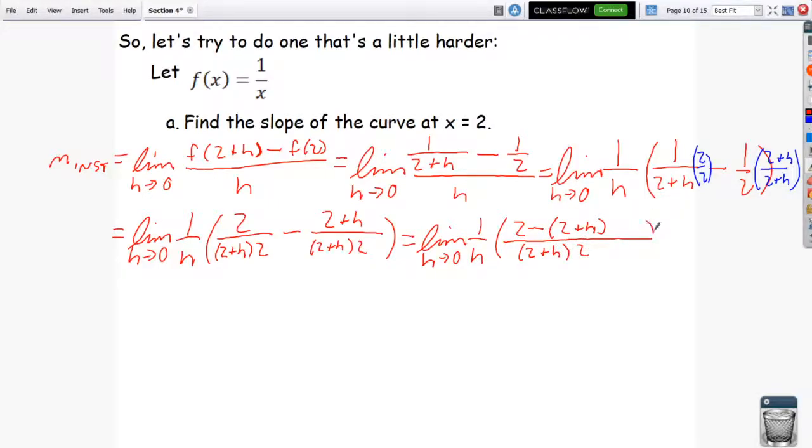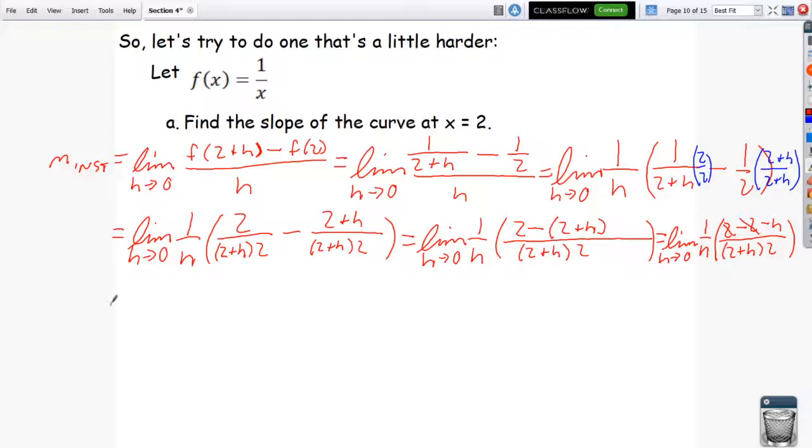I will caution you now, do not cross off these 2 plus h's because I got a minus here and I got a times here. That's not possible. However, if I distribute this minus here, and I have the limit as h approaches 0 of 1 over h times the quantity of 2 minus 2 minus h over 2 plus h times 2, I now can cross off these 2's.